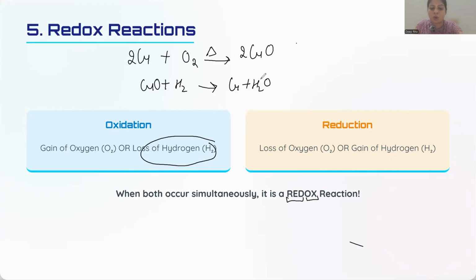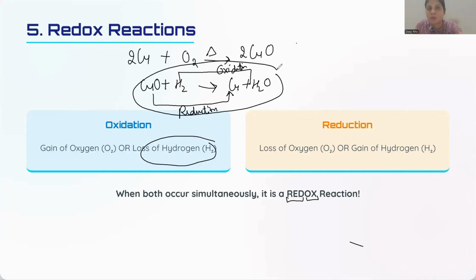Both oxidation and reduction will occur in this reaction. Copper oxide is reduced as there is loss of oxygen. This is oxidation. So in this reaction, both oxidation and reduction occur simultaneously. That is why it is called redox reaction.